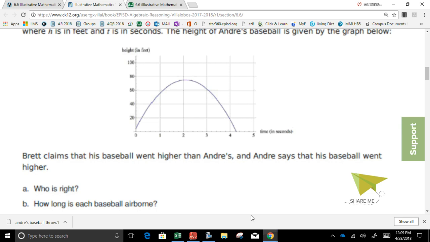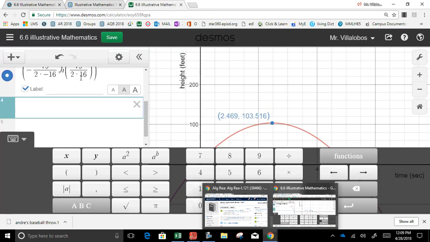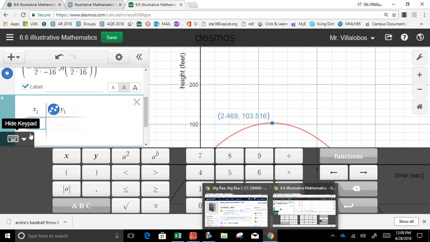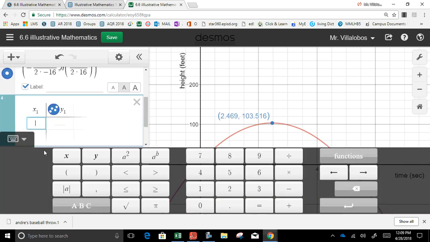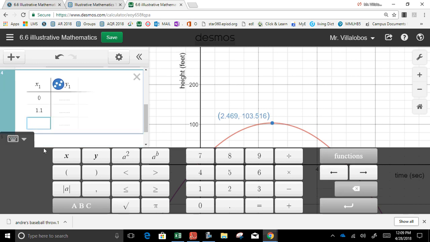So let's take a look. Let's make a table. So at 0, at 1.1, 3.31. So at 0, we're saying it's maybe 5 feet.